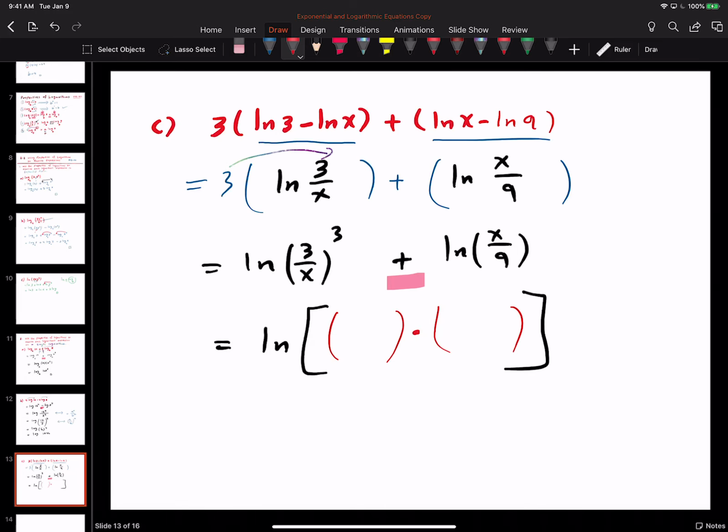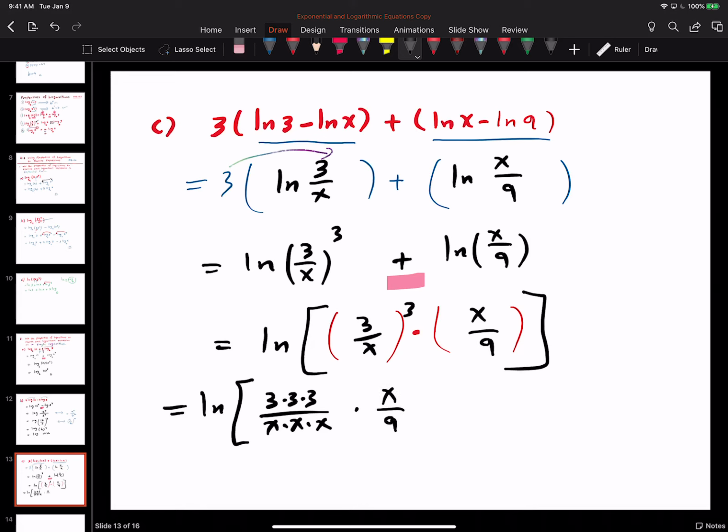We have 3 over x to the power 3, and we have x over 9. This is going to be our last problem, so let's slow down and finish it. Equals ln 3 times 3 times 3 over x times x times x, multiplied by x over 9. Just one way to look at it, to simplify.